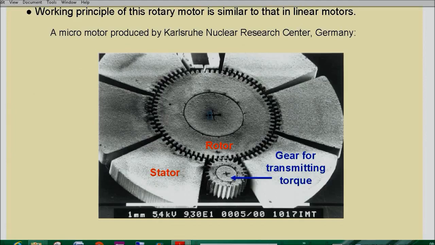But let us say you want a higher speed, then you can have a gear, a transmitting gear, and you can see if this rotates, this will rotate at higher speed, and this will rotate at lower speed. This is just like a vehicle moving in first gear, lower speed but takes more load, and a higher gear takes lower load but higher speed.